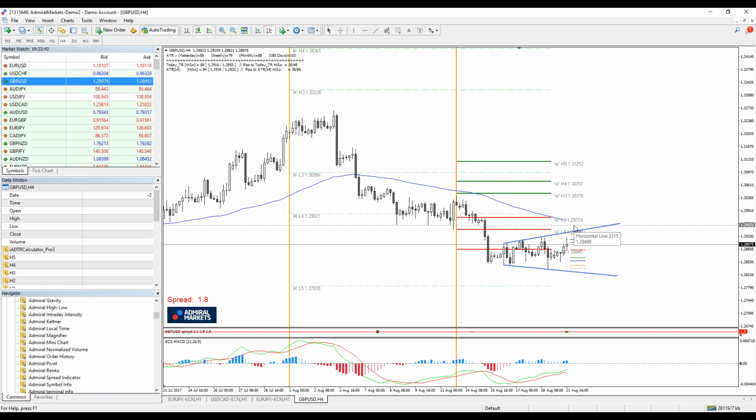Order block 29.70, WL3, it's weekly L3, and EMA 89. Typo on pound dollar, yes, I will correct it.